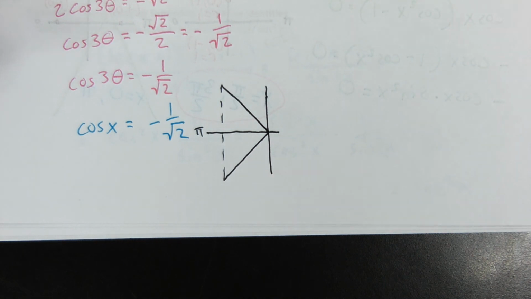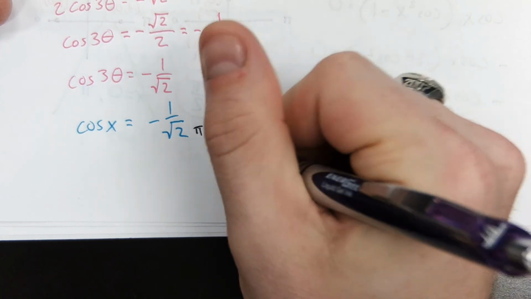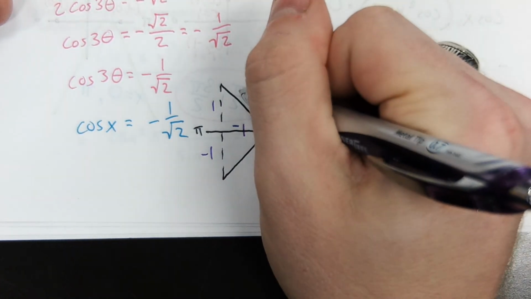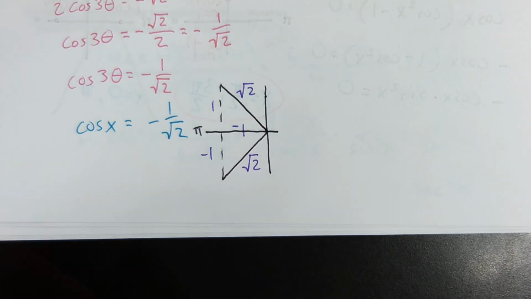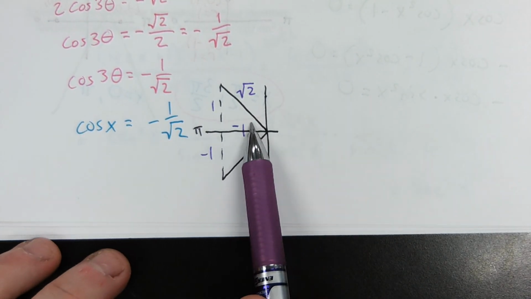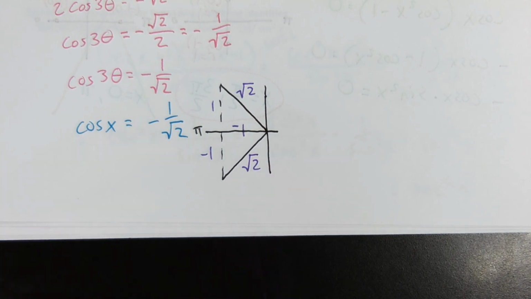Here we have side lengths of negative 1, positive 1, negative 1, and then root 2's. Now, Liam, this is what you were talking about. What kind of reference angle am I going to find inside this triangle? Liam, a 45-degree reference angle.